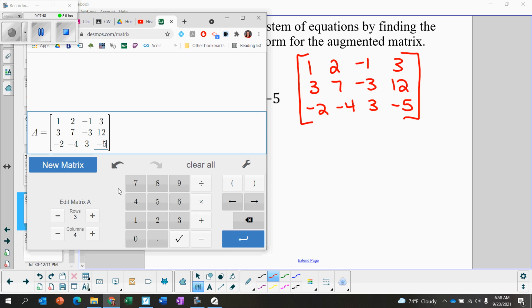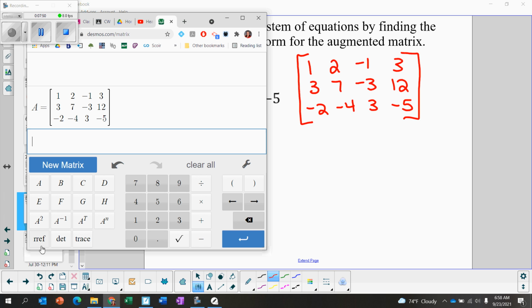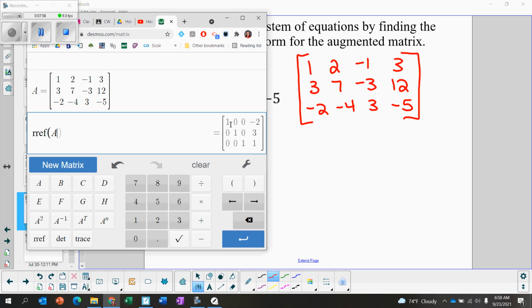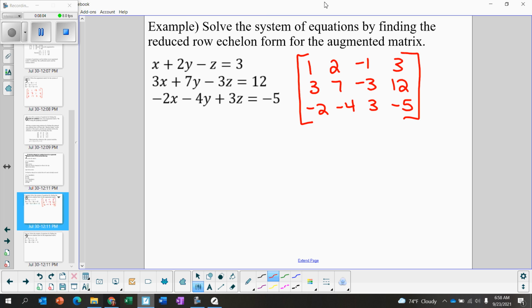That looks good. So now if you notice down here, we have the button that says RREF. Hit that, choose A. So our answer looks like an identity matrix, right? 1, 0, 0, 0, 1, 0, 0, 0, 1, and the last column is our solutions. So that's -2, 3, and 1. X was -2, Y was 3, and Z was 1.